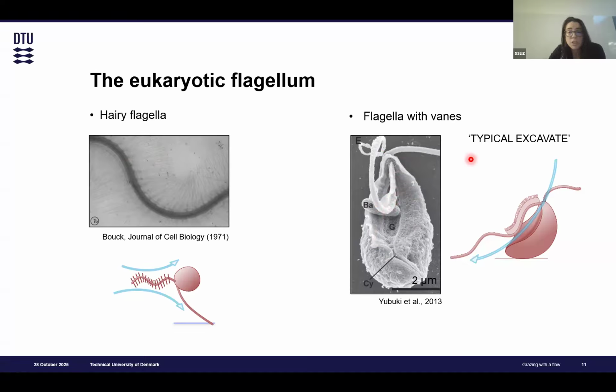This type of morphology is characteristic of this group that we call typical excavates. So sometimes I'll be mentioning typical excavate morphology, this is what I'm referring to: the cell having this ventral groove or this pocket, and the flagellum is equipped with this vein.